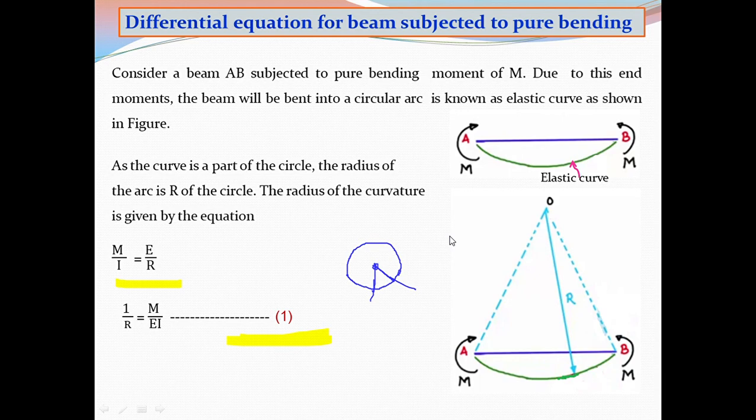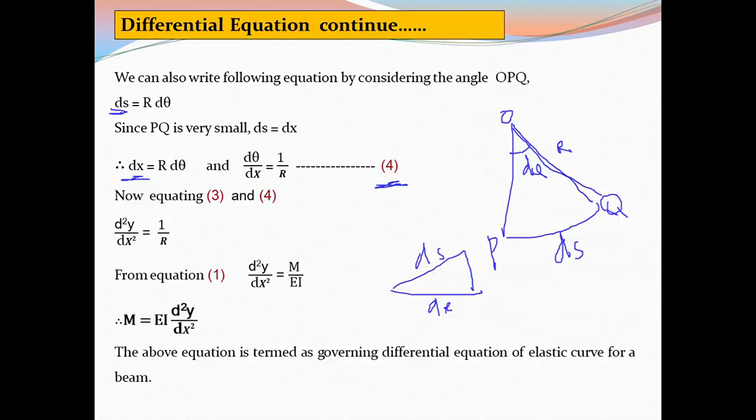Putting this value for 1 by r, we get d squared y by dx squared is equal to M by EI. From this, M is equal to EI into d squared y by dx squared. This equation is termed the governing differential equation of the elastic curve for a beam.